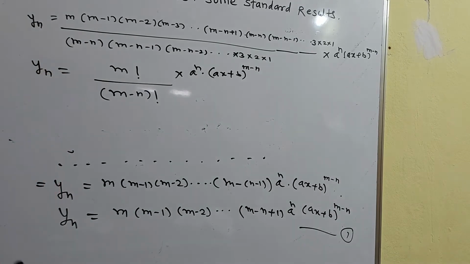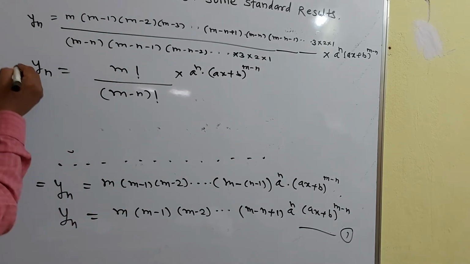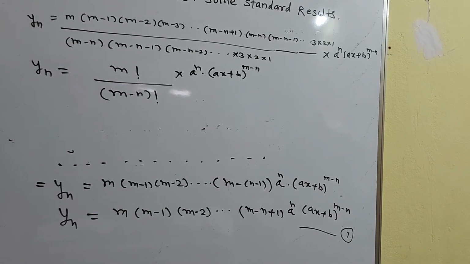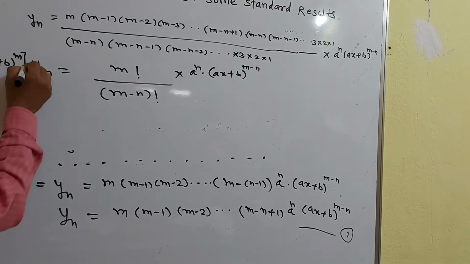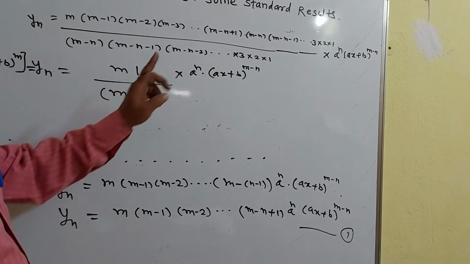So this is the nth derivative of y, which means (ax plus b) raised to m, is equal to yn is equal to this.